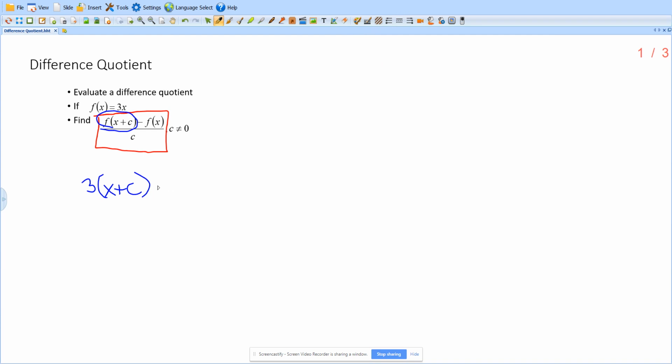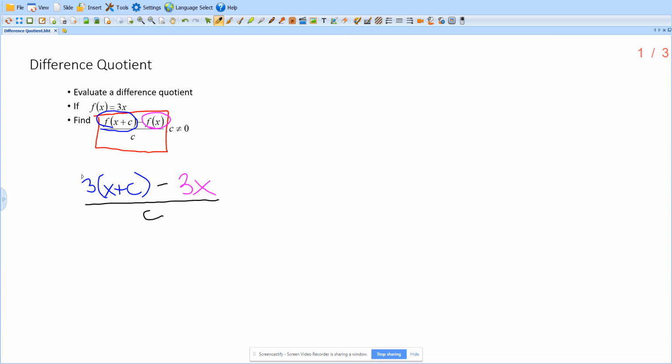And then we have our minus. And next, what we need to subtract is the original function, f of x. Well, f of x is just 3x. And this is all over c. So what I want to do is simplify this to a point where the c in the denominator is gone.